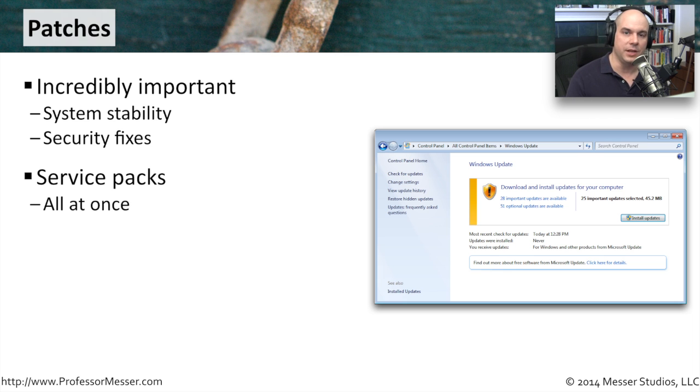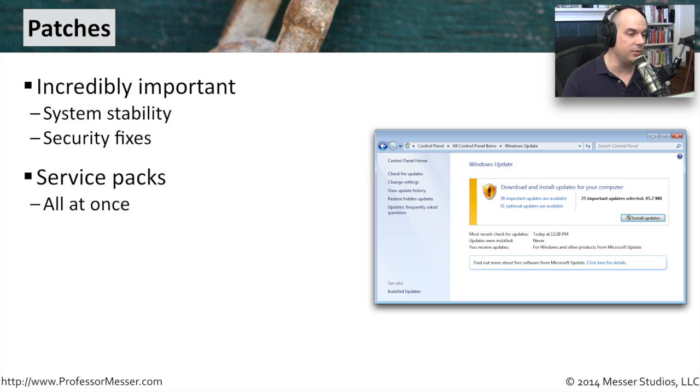Sometimes we get service packs, though. After a certain amount of time goes by, you've got a lot of different patches, and when you bring up a new operating system for the first time, we have to make sure that all of those patches are installed. But if it's been 6 months and every week a new set of patches has come out, then we may end up having to download and install a lot of patches.